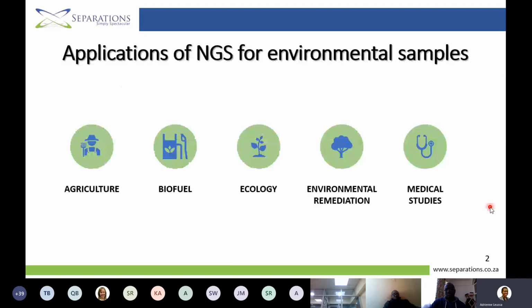So, what is relevant in this presentation is that when you get environmental samples for next generation sequencing, you are usually looking at utilizing that data for one of these 5 categories.